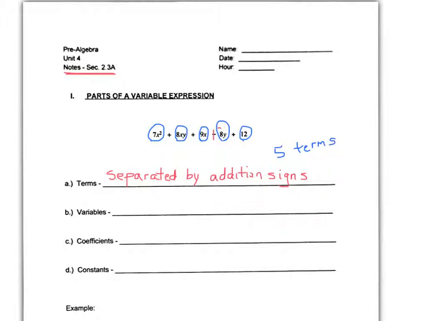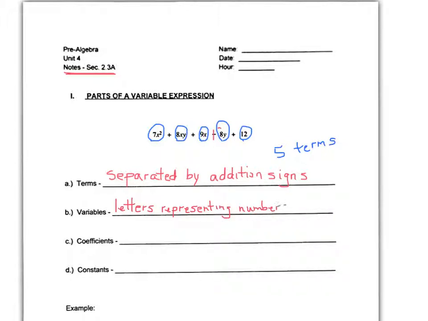Okay, next you need to know variables. I think you already know what variables are. Variables are just letters, and these letters represent numbers. So they're letters, but they actually stand for numbers.